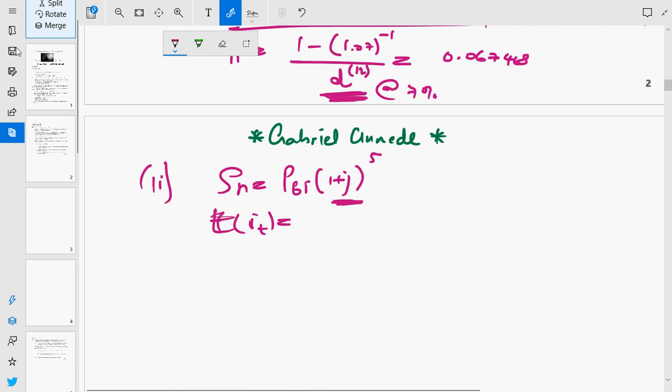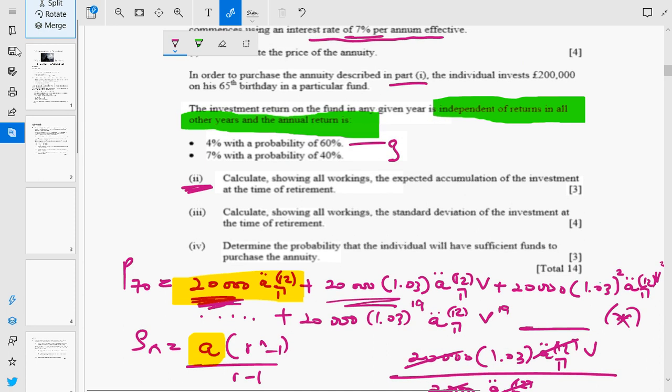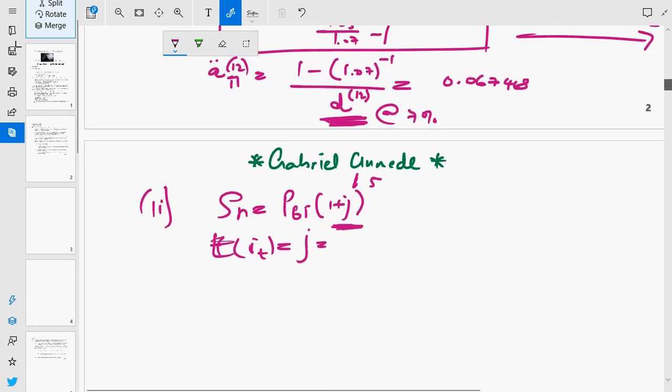So in order to find this j, the expected value of the interest rate in any year will be equal to this j. And you are given your distribution here. So the expected value, you know how to calculate from your basic actuarial studies, will actually be equal to this 4%.